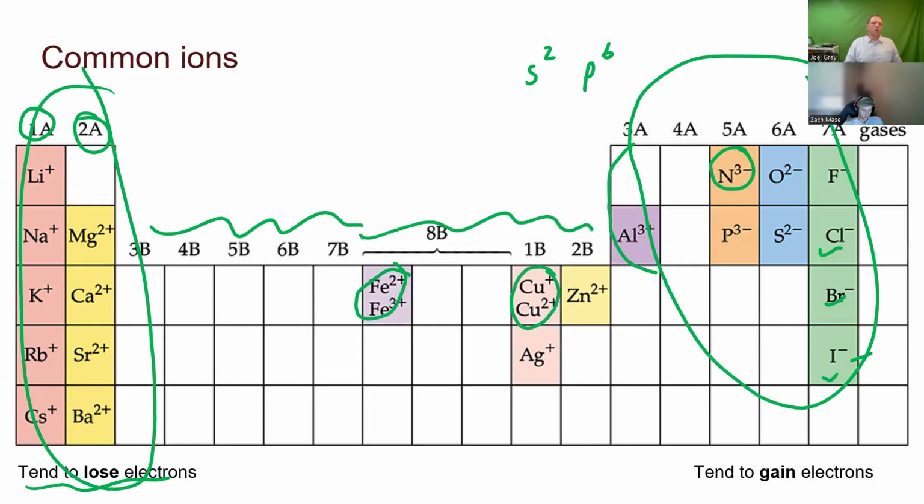Everyone's participated in the poll, great. There are a number of different ions that will be attained there, so I don't want you to commit those to memory. But those on the right-hand side and the left-hand side, I want you to know those.